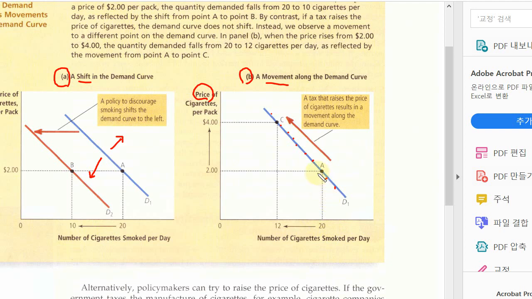Quantity changes. This is an example of tobacco demand. Once, how can we distinguish? Now I will explain this.